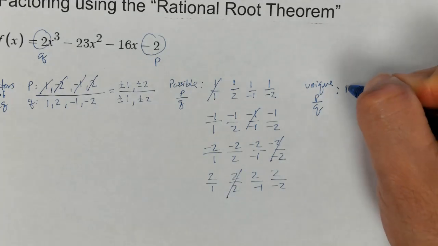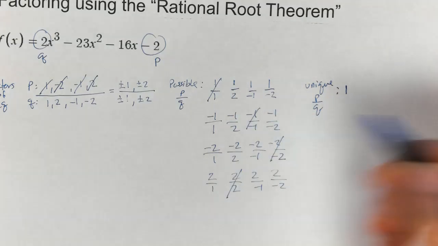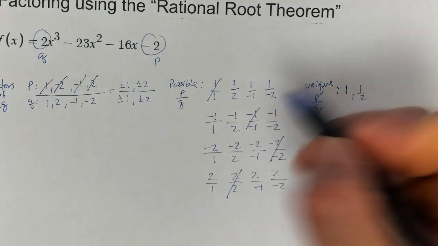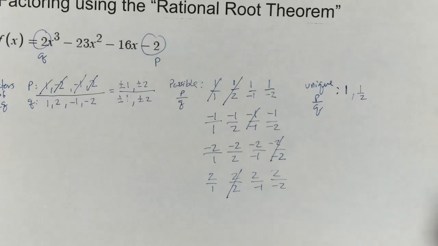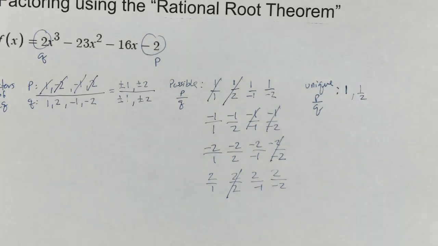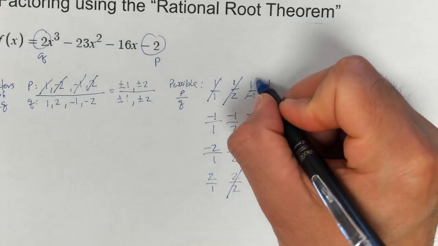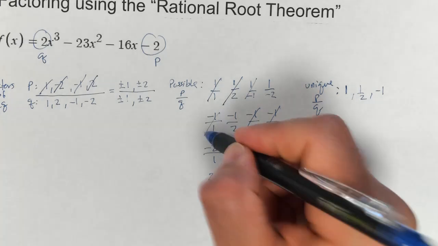All of those result with 1. What about 1/2? How can I get 1/2? I can get 1/2 by dividing both positive numbers, both negative numbers will also give me 1/2. I can get a -1 when I divide the bottom by a negative or the top by a negative.